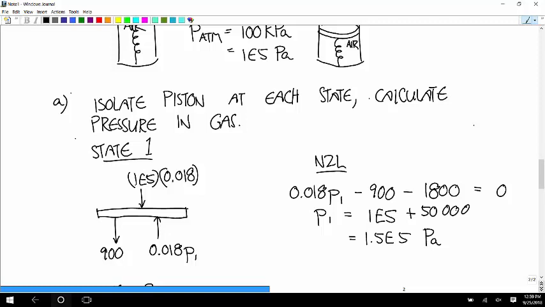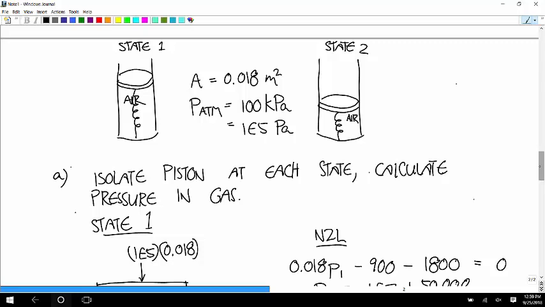So to calculate the forces produced by the pressures, you just multiply by the cross-sectional area of the piston. Atmospheric pressure is pushing down on the piston, and it's that times the area of the piston.